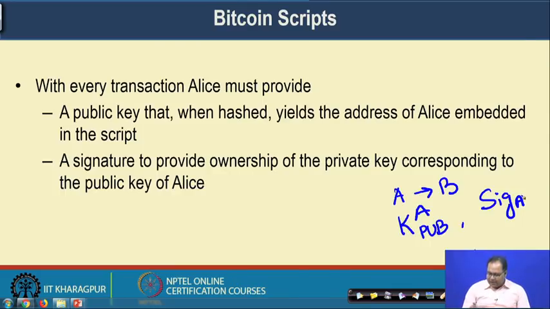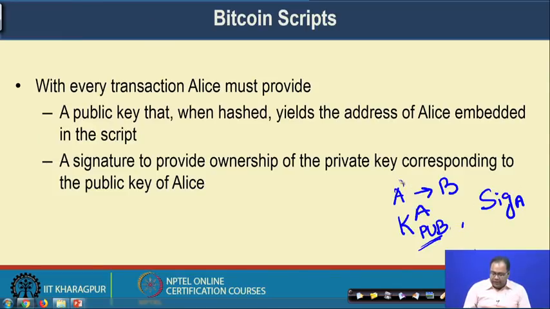Now, what is the guarantee that the public key that you are getting actually belongs to Alice? First of all, using this public key, you can check the signature. If the signature matches, that means this public key corresponds to the private key which was used to generate this signature.